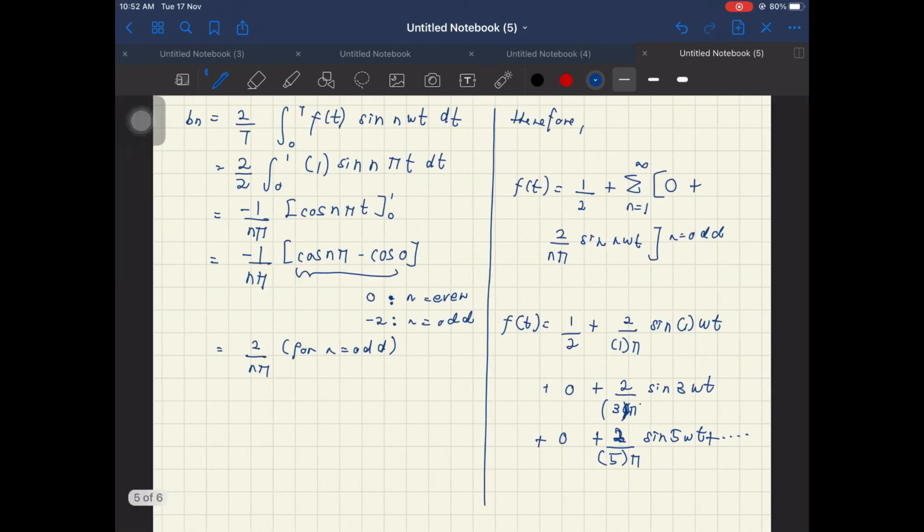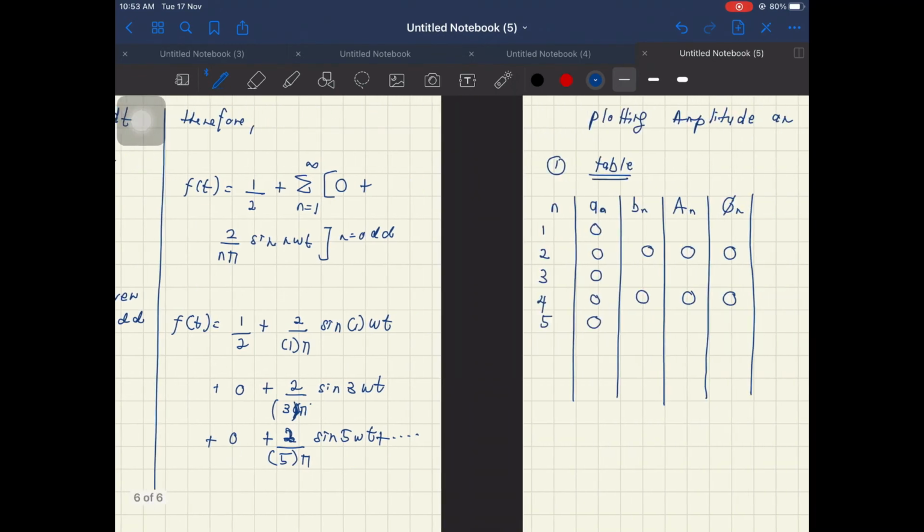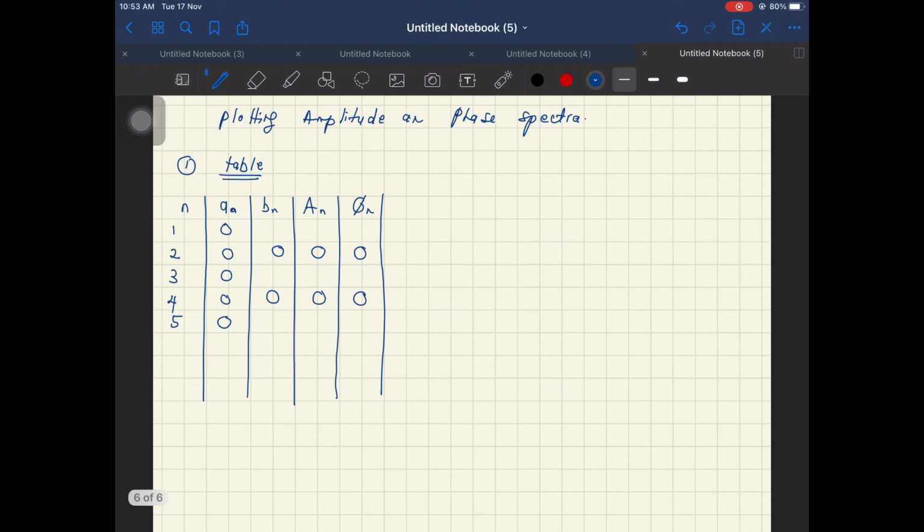So just refer to your previous calculation to make sure. So we know that our b_n is 2 over n pi for n equals odd, right? So just put all the values in the table. Yes, very easy. Just write everything back.